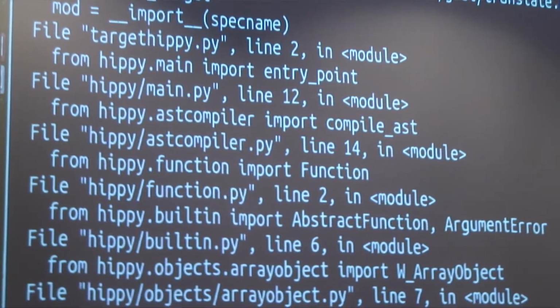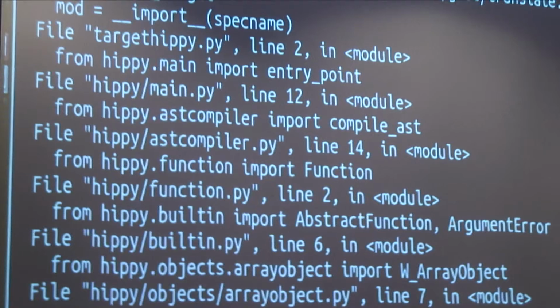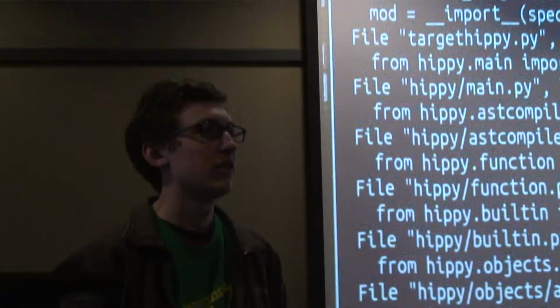So what about parallelism? So running multiple threads or multiple processes, I guess? So one of the things this translation toolchain gives you for free is a garbage collector. Unfortunately, right now, none of the garbage collectors are thread aware. That is, if you try to allocate from multiple threads concurrently, bad things happen.